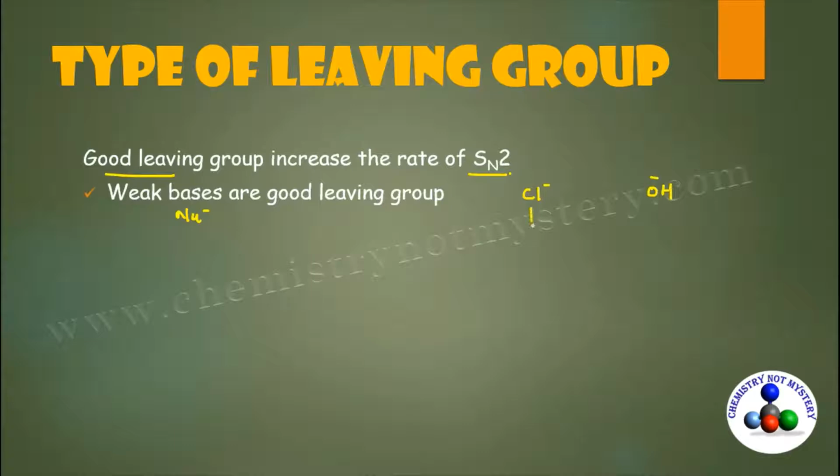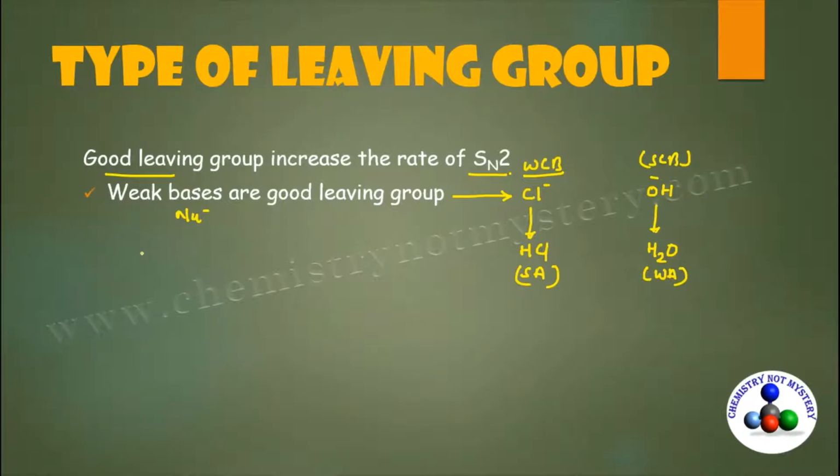Cl- is the conjugate base of HCl and OH- is the conjugate base of H2O. So HCl is a strong acid while H2O is a weak acid. Cl- is a weak conjugate base and weak bases are good leaving groups. So Cl- will be a good leaving group while OH- will act as a strong nucleophile.